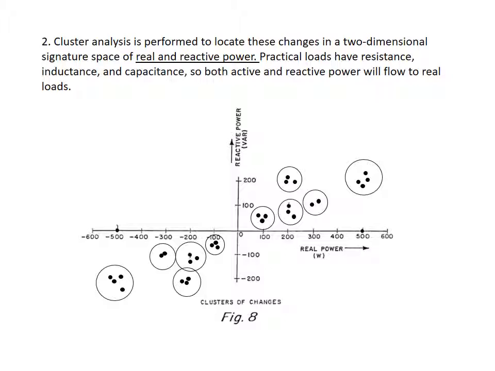Because you have some potential for inductance and capacitance, which is associated with non-resistive load, so anything other than a light bulb basically, you have some potential for reactive power. I'll go into some detail about the difference between these two, but the main upshot here is that we are characterizing devices in terms of 2 dimensions, real and reactive power.